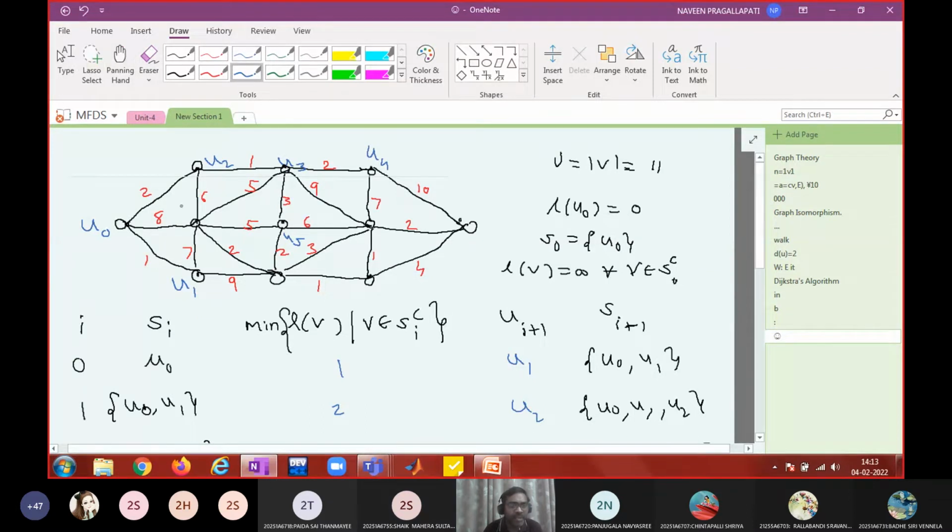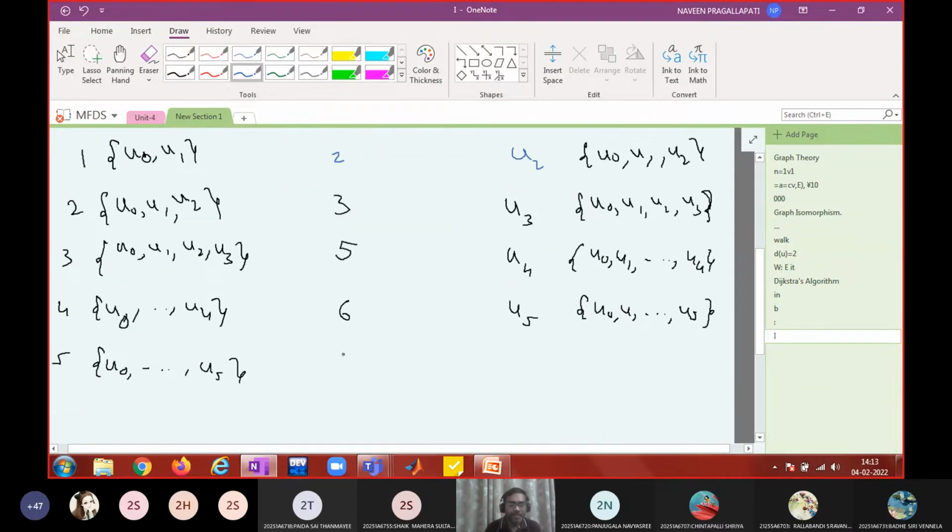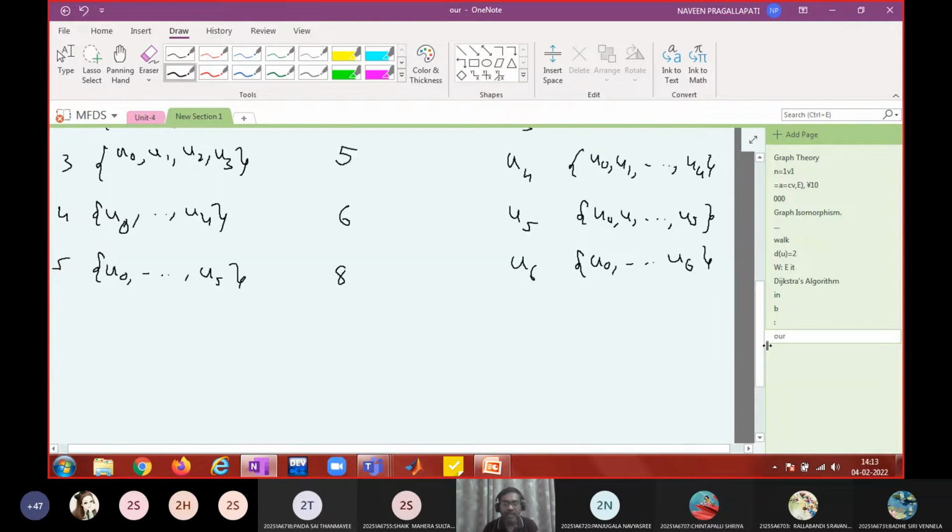If I am calling this U6, then what is that distance? 8. Okay, so this is 8. So that is U6. So it is going to be U0 to U6. And for the next iteration also we know, because both have the same distance as you said, this is going to be U0 to U6.